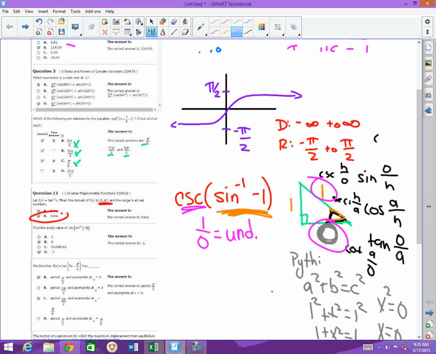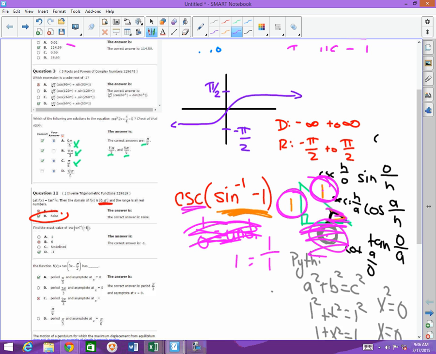I said the cosecant is hypotenuse over opposite, and that is not hypotenuse over opposite for this angle. That's hypotenuse over adjacent. Skip that. That would have been secant. Cosecant is hypotenuse over opposite. That's the opposite side, which is 1 over 1, and 1 over 1 is 1. Sorry about that. Made a little mistake.